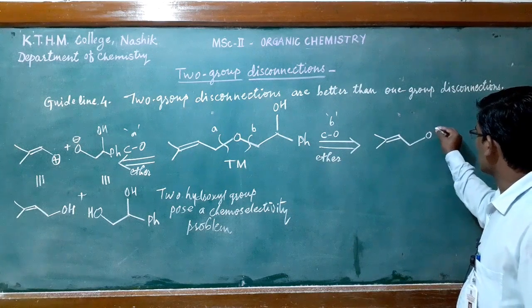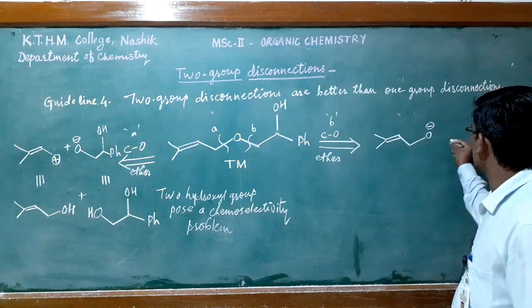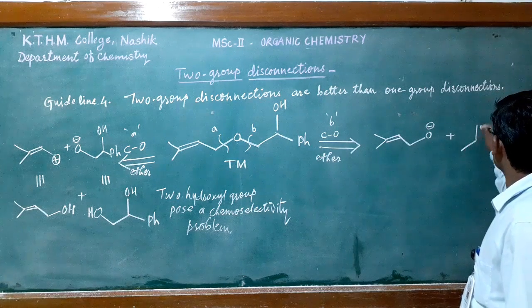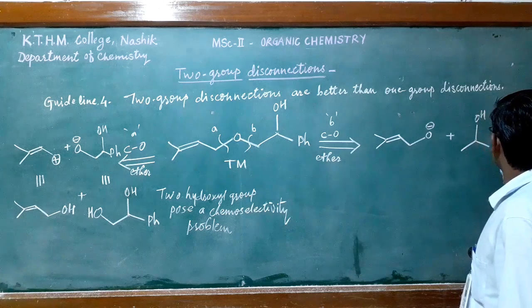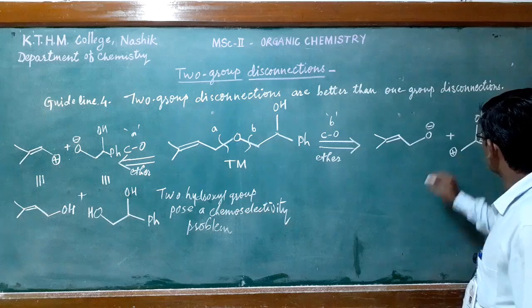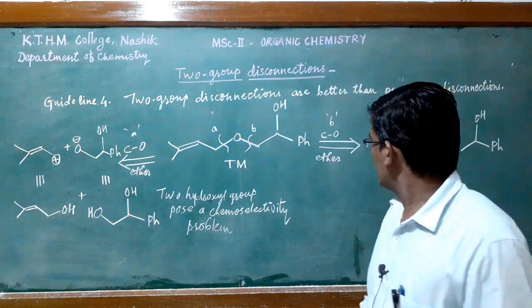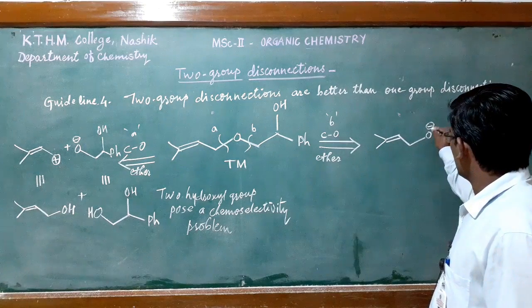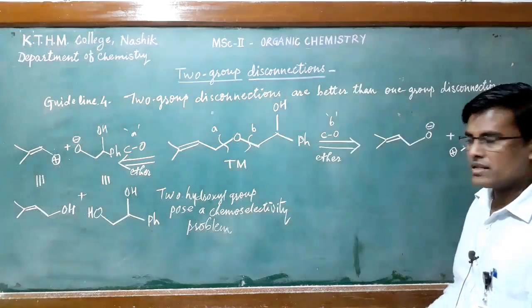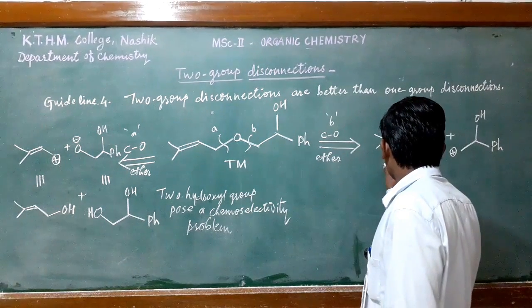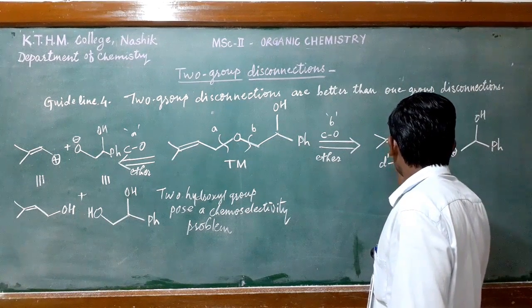This oxygen will bear a negative charge and this carbon will have a positive charge. This oxygen has a negative charge, which means it is a donor, so we call it a d1 donor.